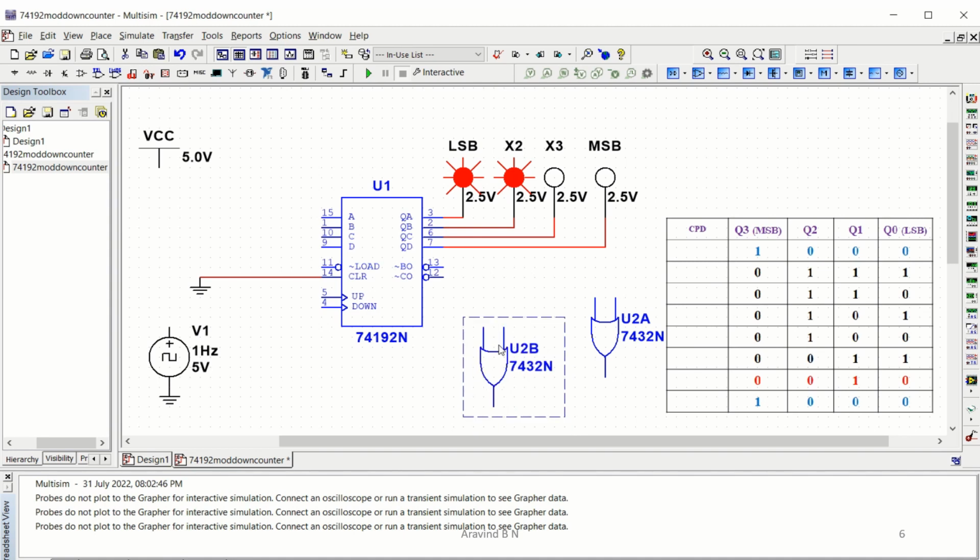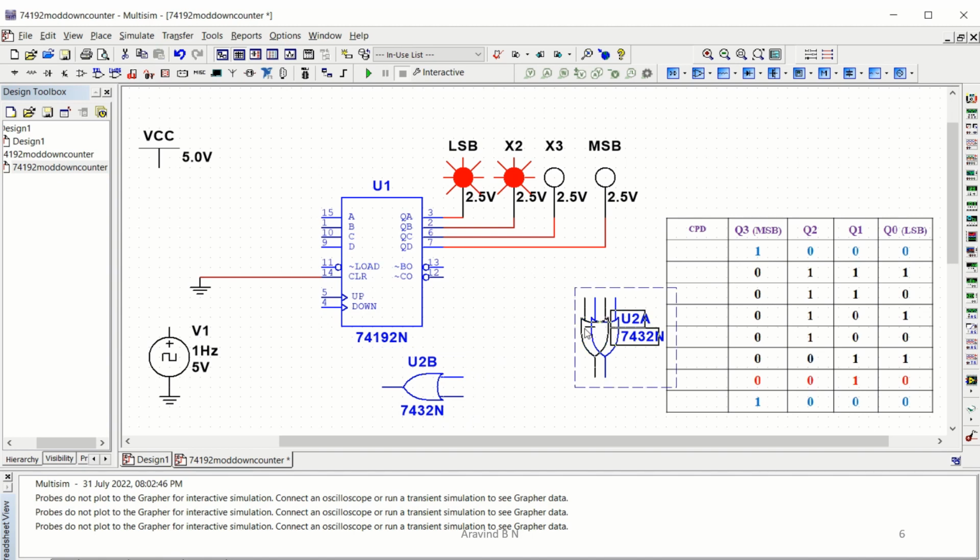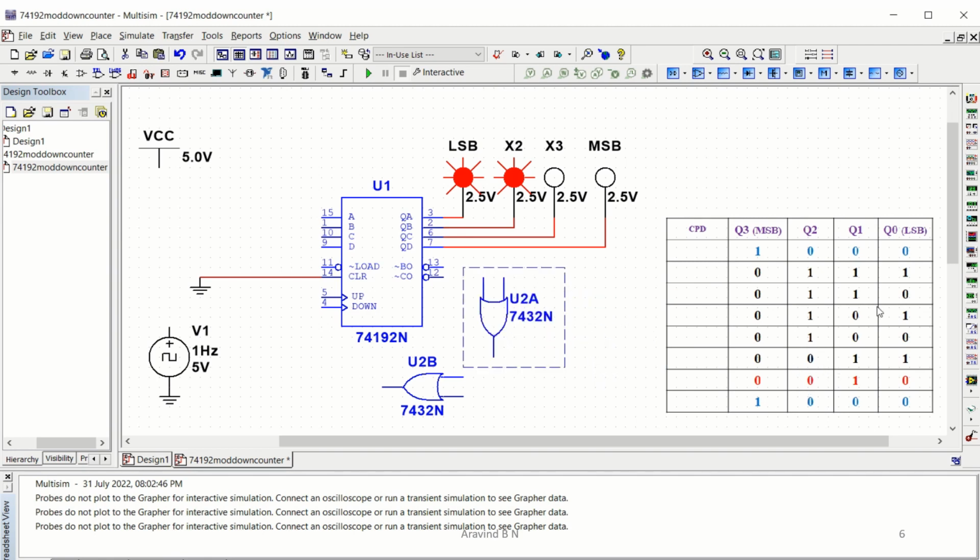So let me make it like this. For this one, I'll be connecting the Q0 as well as Q2.